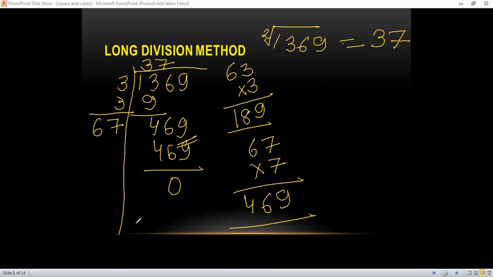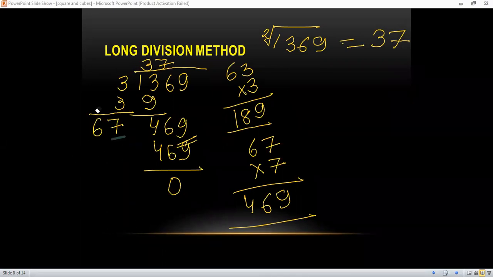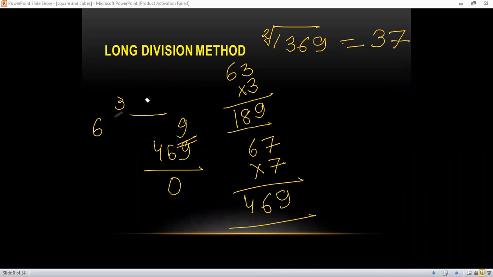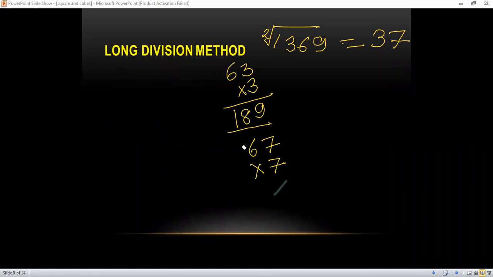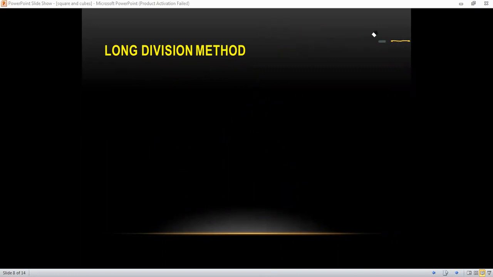One more number I am going to take. Now I will take a 6-digit number, and for that number I am going to find the square root by the long division method.